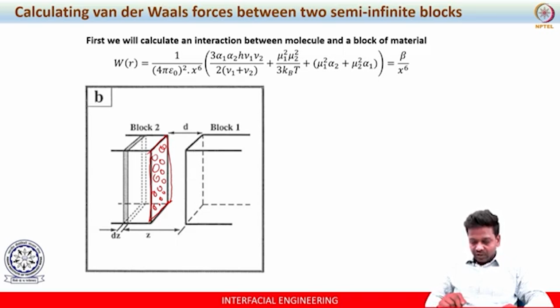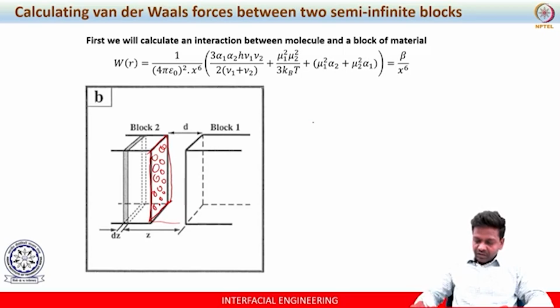Since we have already calculated for one molecule with all the molecules present in block 1, by multiplying by the number of molecules present within the thin slice of block 2, you will be able to calculate the pairwise interaction of all the molecules between block 1 and the thin slice of block 2. In that way, you will get the pairwise interaction up to this point. So that is exactly what we will do.